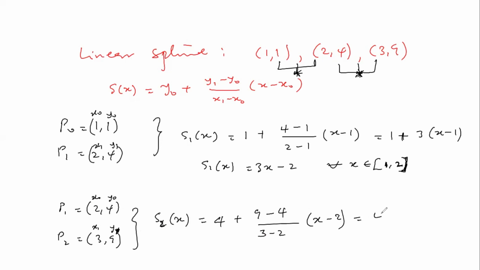And now we're going to get 4 plus 5 into bracket (x minus 2). And here, S2(x) will be the same as 5x minus 6 for all values of x taking values from 2 to 3.